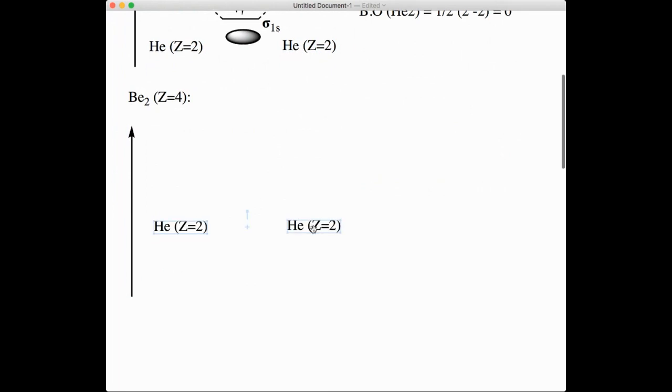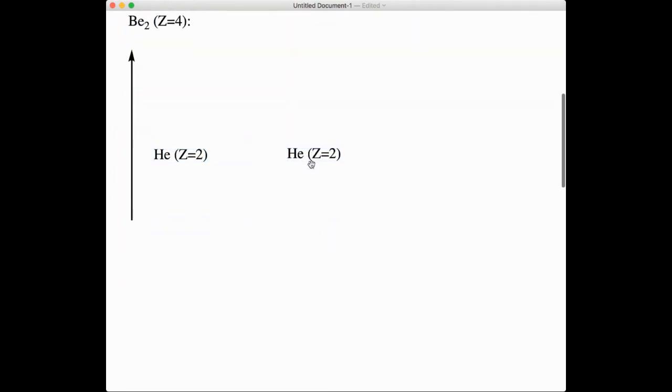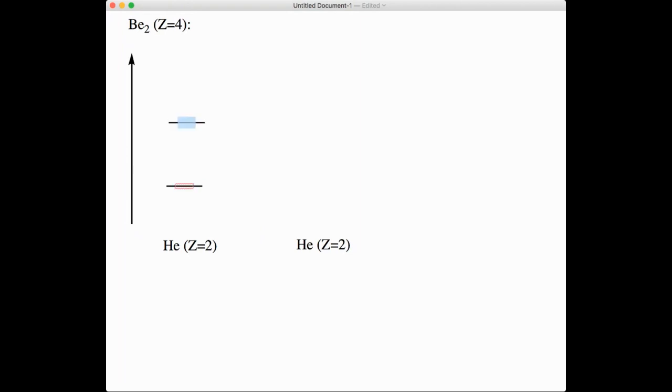You guys should start working at home. The electronic configuration for beryllium is 1s2, 2s2. Is that right? Yes, good. So I have 1s2, 2s2, first and second shell.